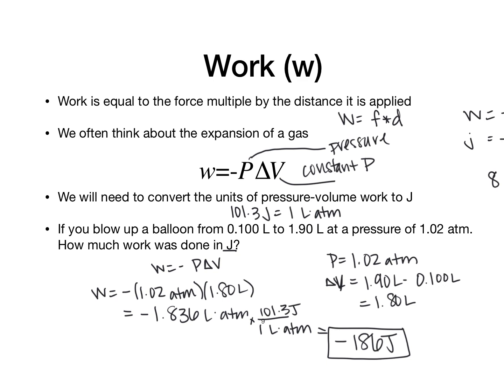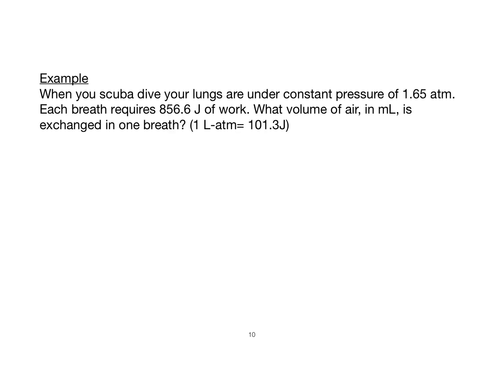Let's look at another example. When you scuba dive, your lungs are at a constant pressure of 1.65 atmospheres. Each breath requires 856.6 joules of work. What volume of air in milliliters is exchanged in one breath?